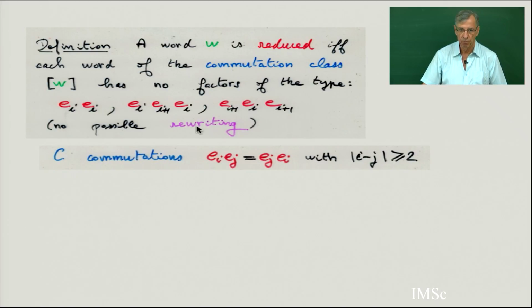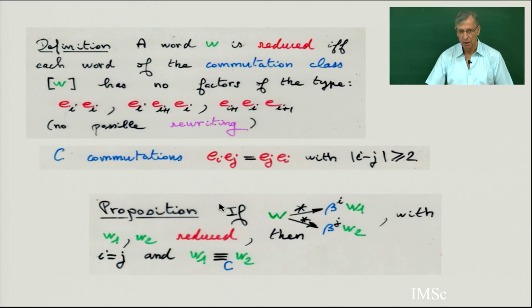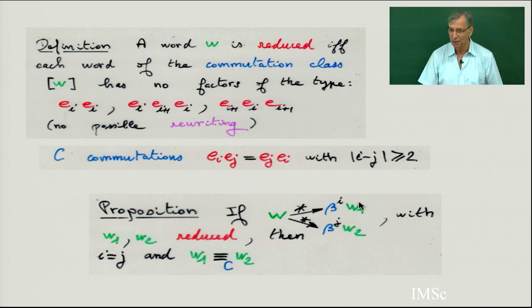In terms of heaps, we are going to see it in terms of heaps. Underlying this, there is a reduced heap. So, first proposition: what happens if you do two different possible sequences of reduction and commutation, so you get two different words?